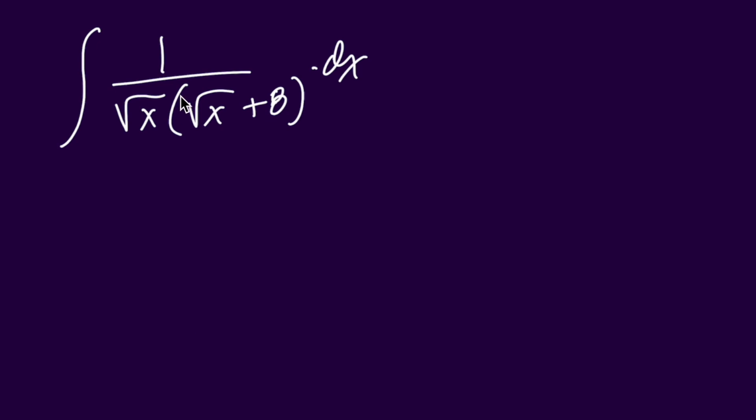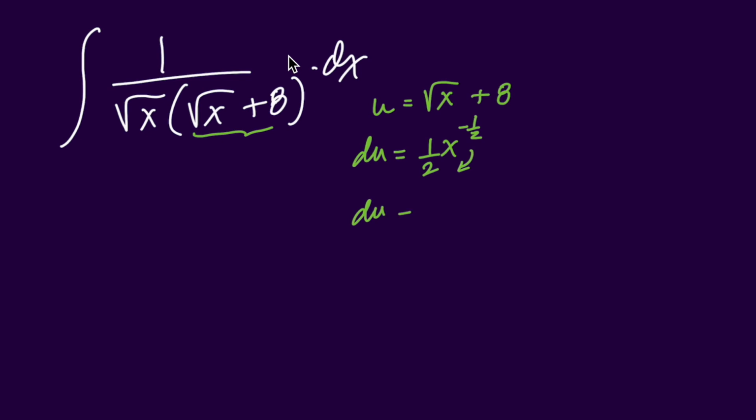Next we have this integral, not really amenable to inverse trig. We're going to use u substitution for this in the parentheses. Let's let u equal square root of x plus 8. Be very careful not to extend that radical to include the plus 8. Okay, so for du, we're going to have 1/2 x to the negative 1/2, and then we're going to bring that down into the denominator.